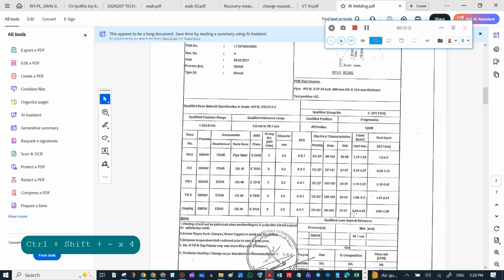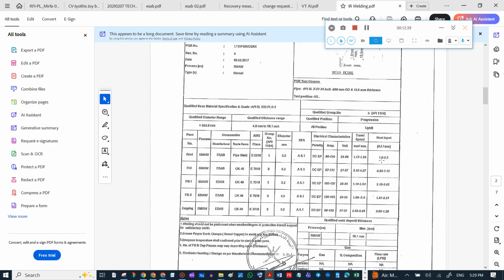The capping layer travel speed is more, 2.43 to 3.46, and it is in ascending order from root pass to hot pass to filler pass to finally the capping. The heat input also is higher for the root pass, 1.5 to 2.2, and it is gradually reducing.